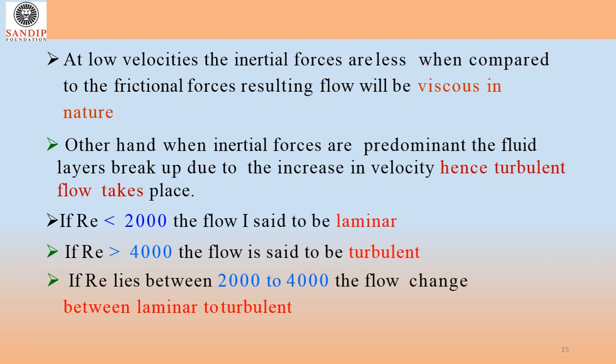Whereas whenever the inertial forces are predominant, the fluid layers break up due to the increase in velocity, and you will observe turbulent flow. Also keep the values in mind: less than 2000 laminar, more than 4000 turbulent, and in between it is from laminar to turbulent flow.